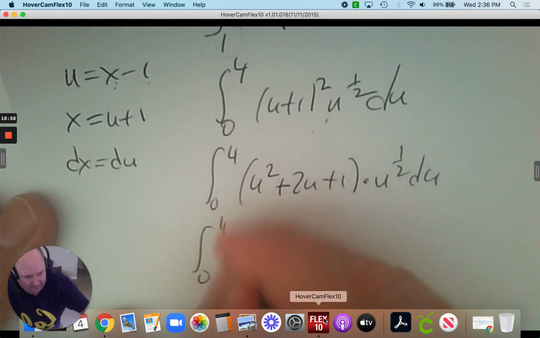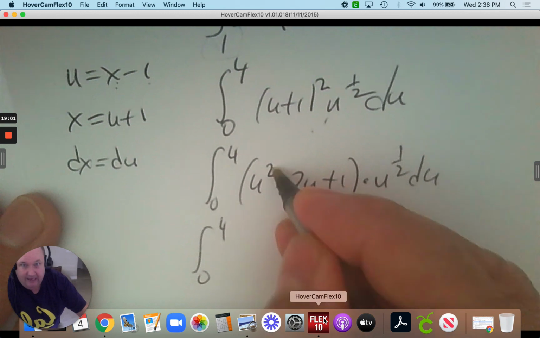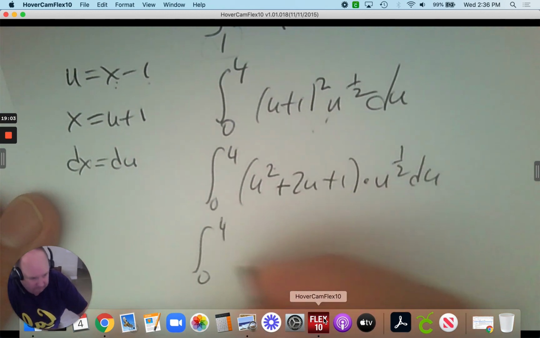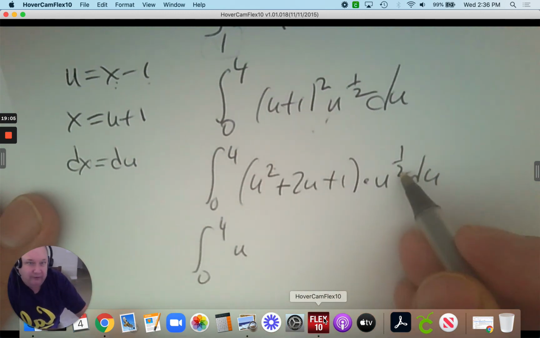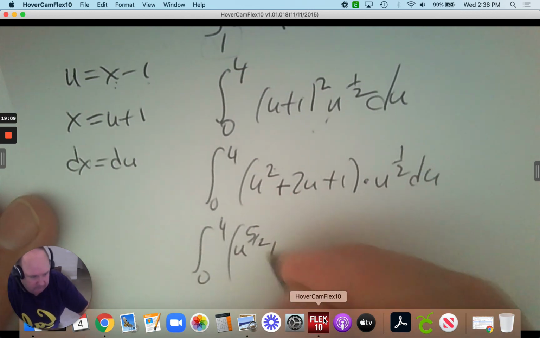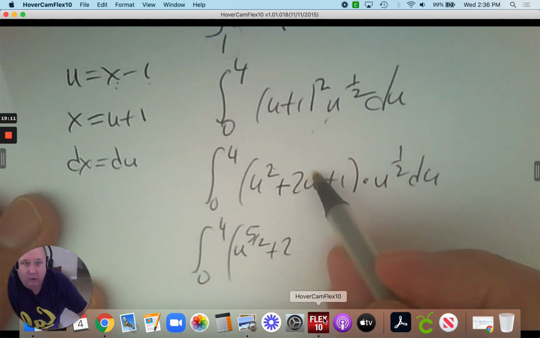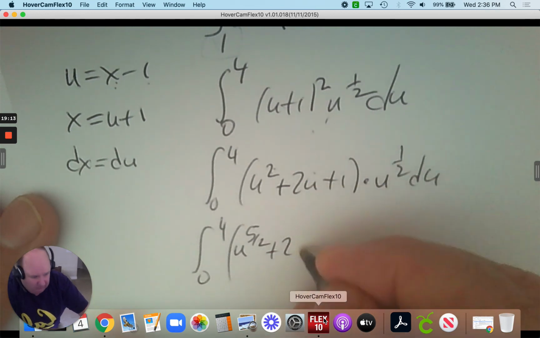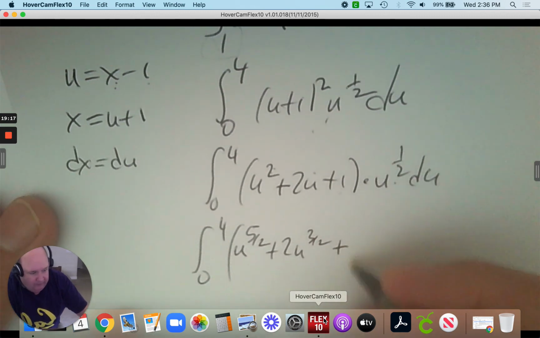The next step, I'm going to distribute, and I'm going to add the exponents. So if I go 2 plus 1/2, it's 2.5 or 5 over 2. If I go 1 plus 1/2, it's 1.5 or 3 over 2. And then 1 times that is just u to the 1/2.